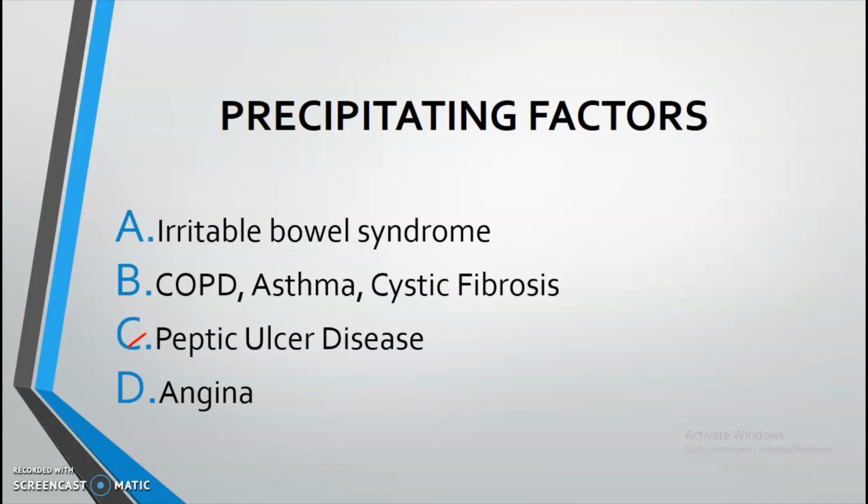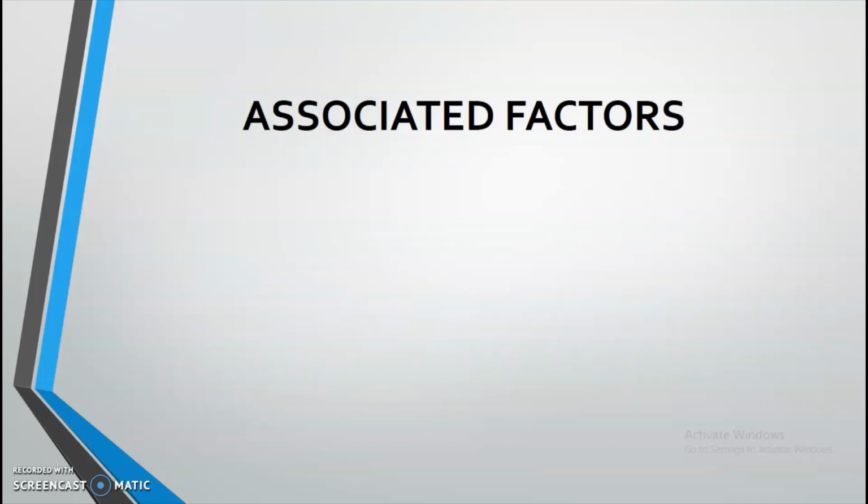Aside from that, there are several associated factors that can also contribute to the development of GERD or to the worsening of this condition. Number one is tobacco use, because when you smoke or use tobacco, na-stimulate din po ang ating gastric area, or stomach, to produce more gastrin and other enzymes and acids that aid in the digestion.